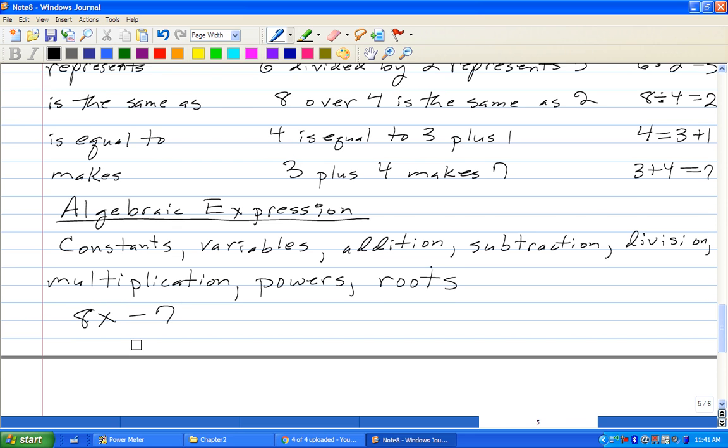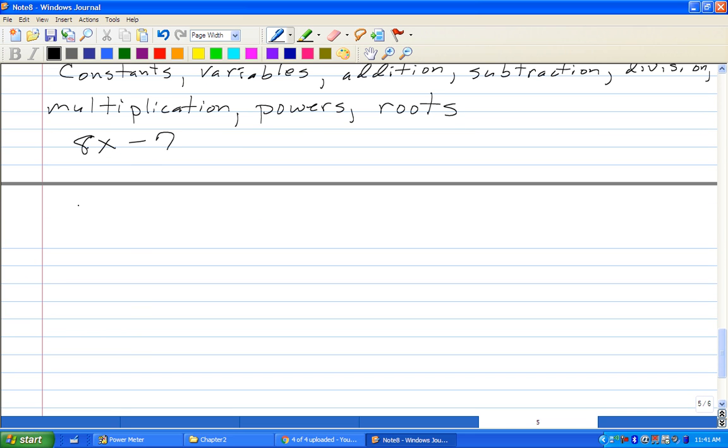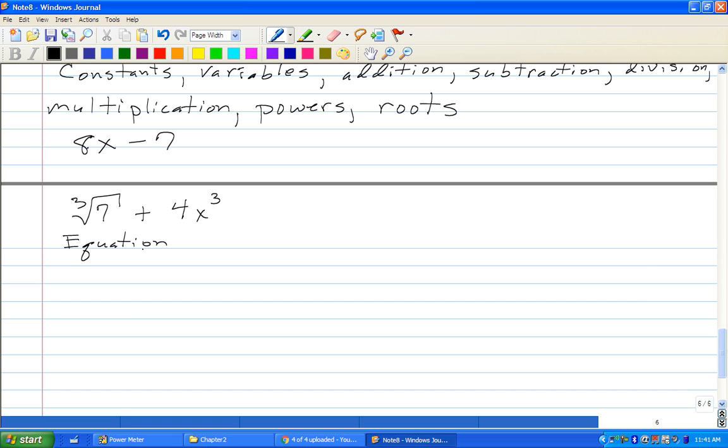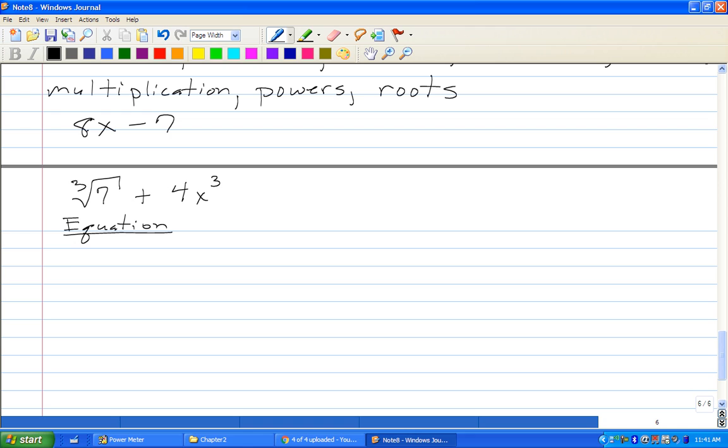Okay, the cube root of 7 plus 4x cubed is also another example of an algebraic expression. An equation is an expression equal to another expression.